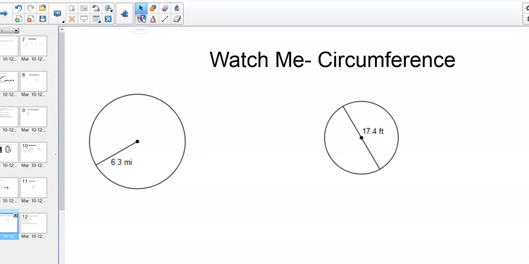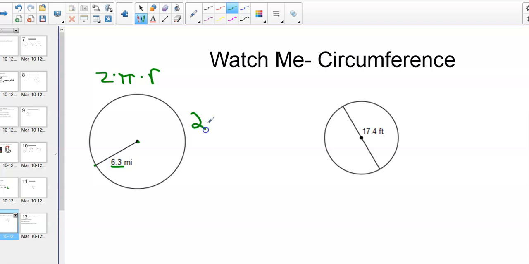So, what is the circumference? Remember, the circumference is this outside part of the circle. I like to think of it as the crust of the pizza. So to find the circumference, remember my equation is 2 times pi times r. Radius is from the center to the outside, so in this case, it's 6.3.